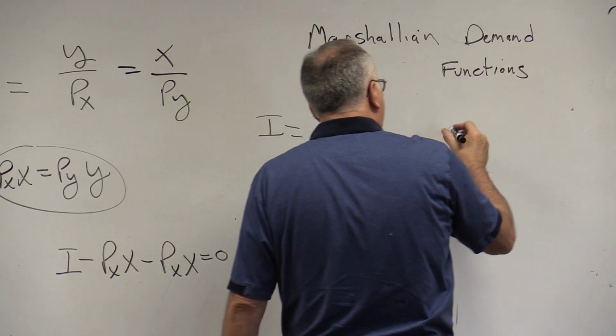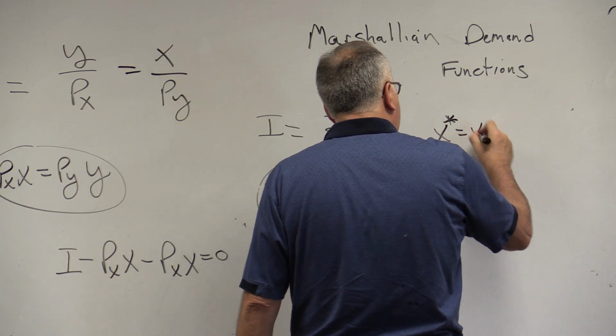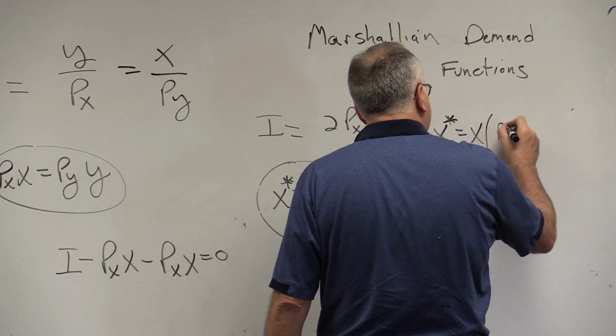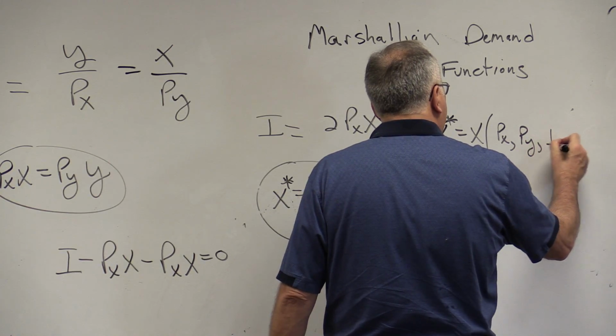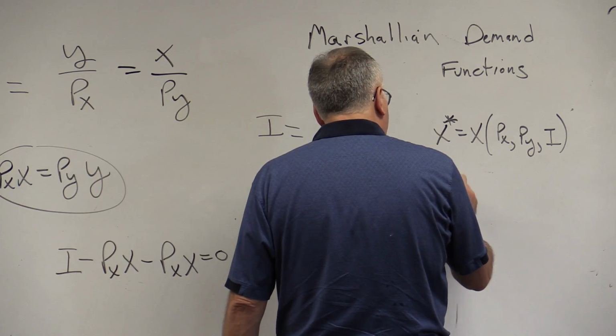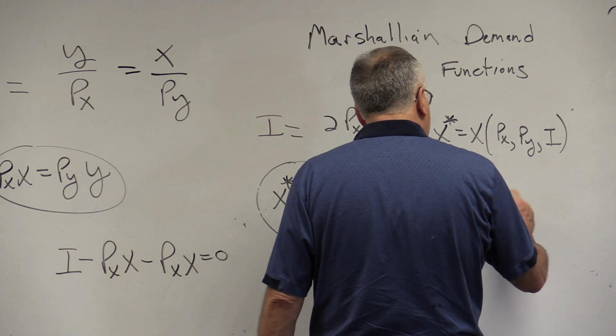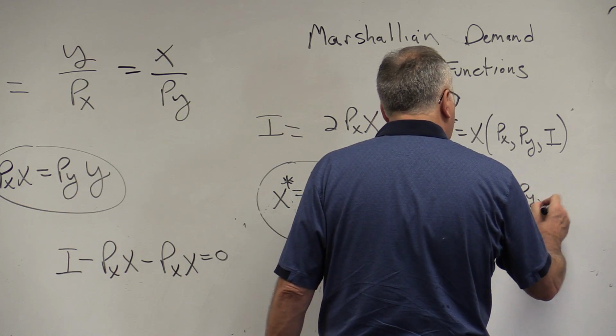More generally, these Marshallian demand functions will be of this form. X star equals x, where x is a function of the price of x, the price of y, and income. And y star will be some function y, which depends on the price of x, the price of y, and income.